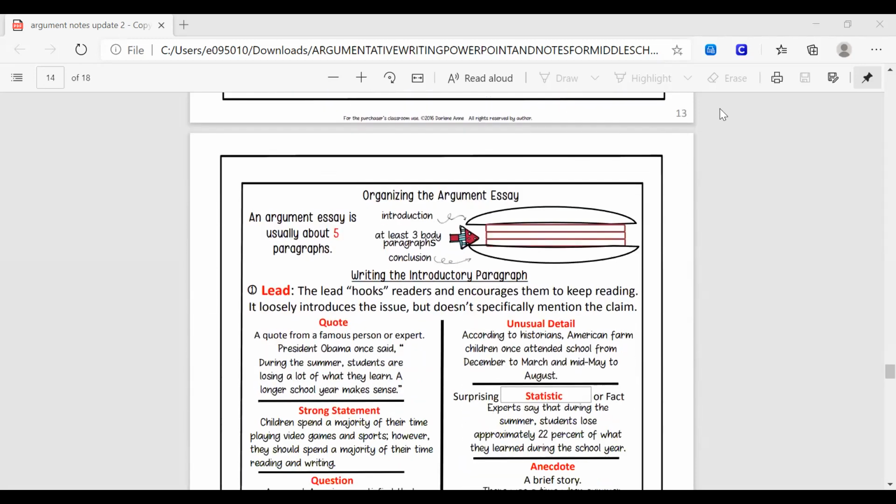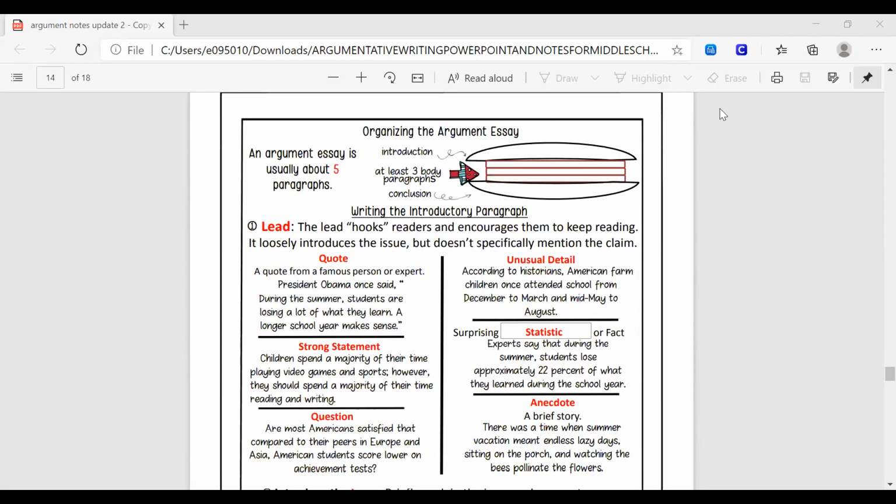All right, next page. An argument essay or argumentative essay is usually about 5 paragraphs. You have your introduction, at least 3 body paragraphs, and then a conclusion. And in writing the introductory paragraph, the first blank we're going to fill in is lead.